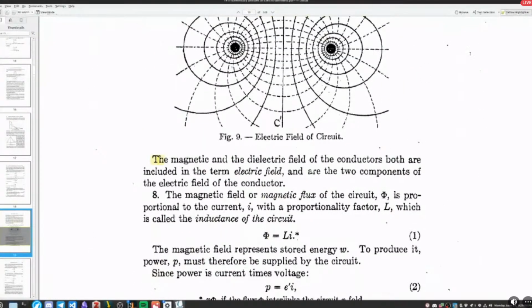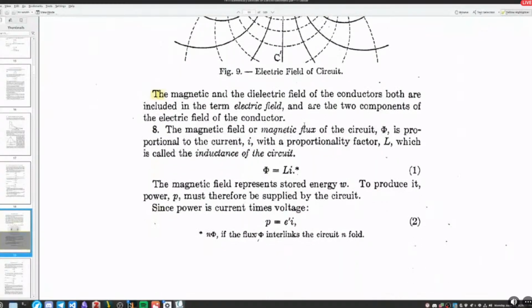The magnetic and the dielectric field of the conductors both are included in the term electric field and are the two components of the electric field of the conductor. The magnetic field or magnetic flux of the circuit phi is proportional to the current I with a proportionality factor L, which is called the inductance of the circuit.